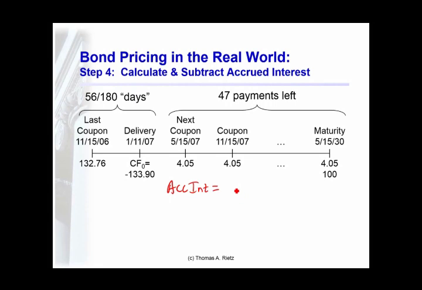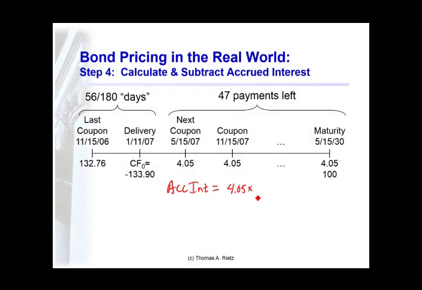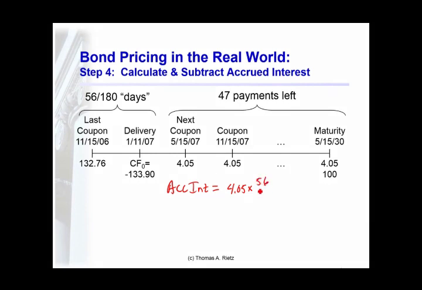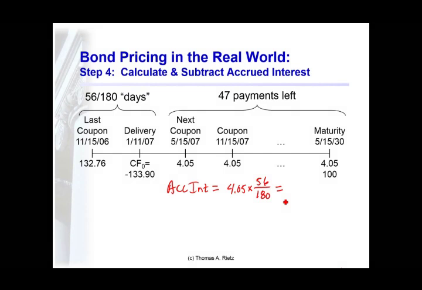So the interest payment every 6 months is $4.05. We're going to just do a simple fraction of the period that's passed accumulation of interest. So 56 days have passed out of 180. So we're going to say that accrued interest is 56 over 180 times 4.05.